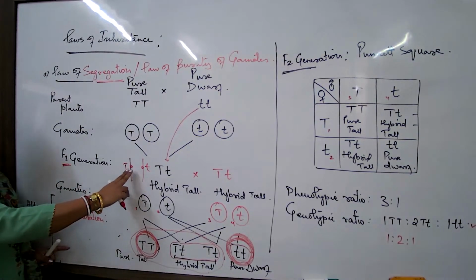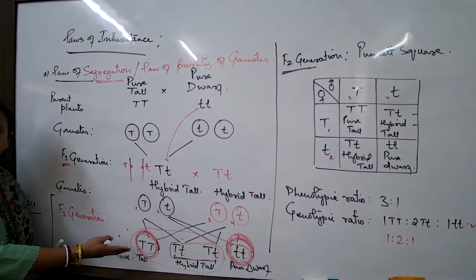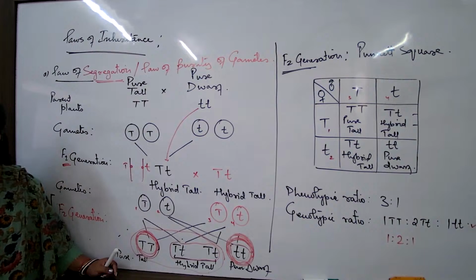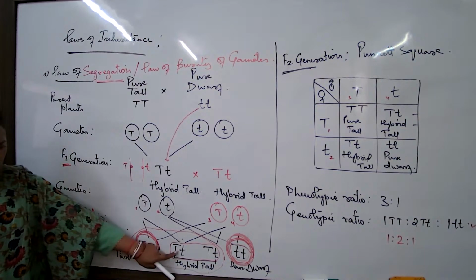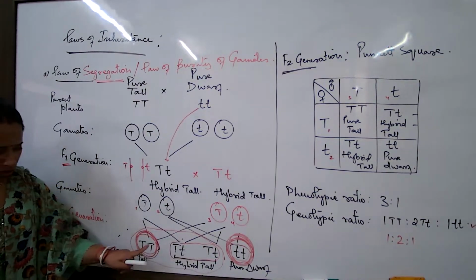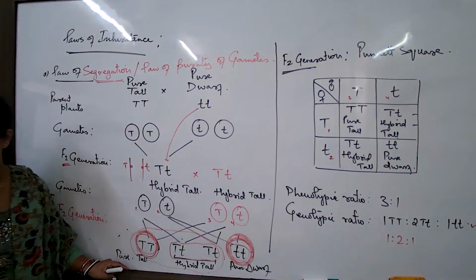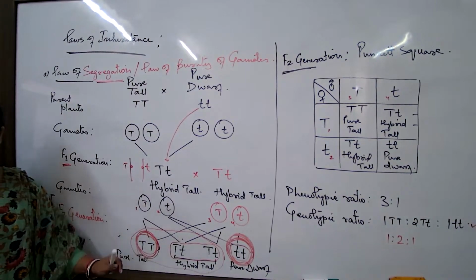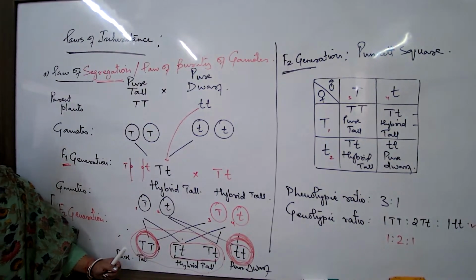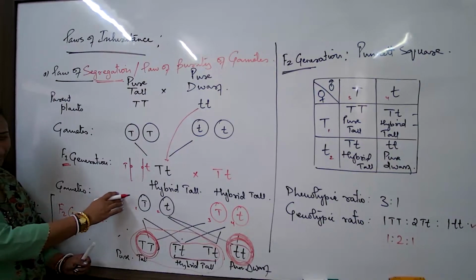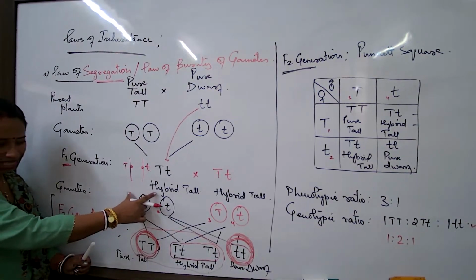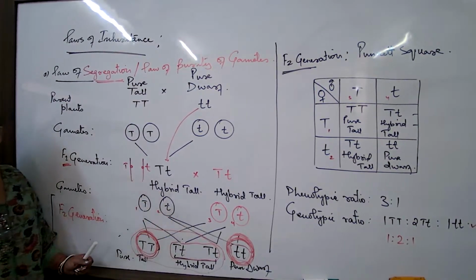If they combine to form anything new, then in the F2 we would have got something different type of plants altogether. Of course we got, but apart from that we got the parental types also, the pure tall, pure dwarf. We got the parental types also.